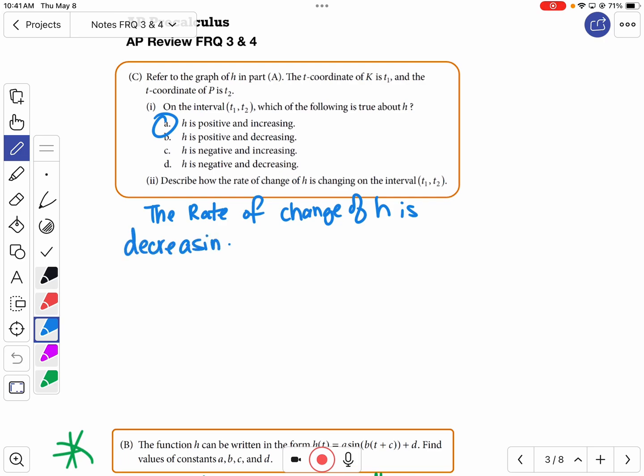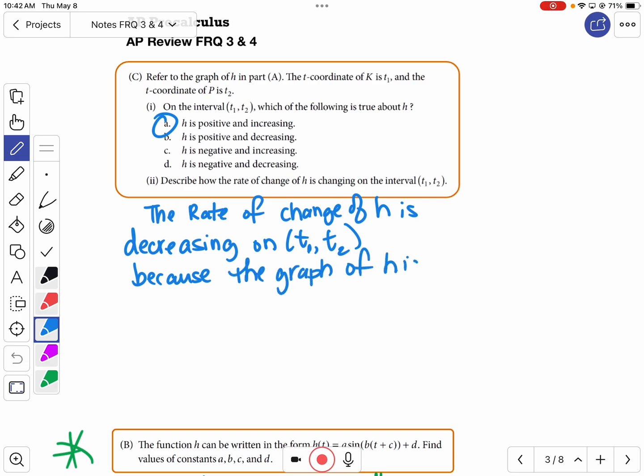And you want to say on that interval, so on T1, T2, because don't just say it. Say because the graph of H is concave down. They're super picky about that.